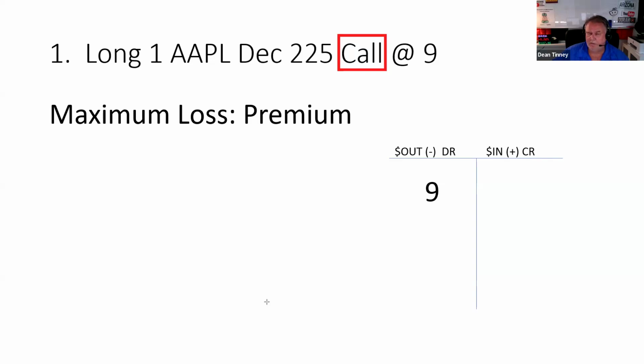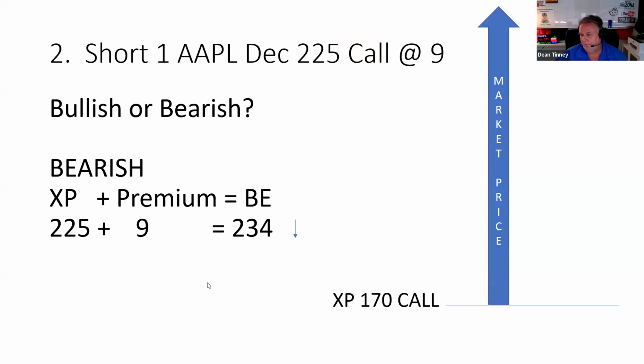Okay, Mark, let me put that on my quote machine here. I enter it. I say, Mark, right now, the premium for an Apple 225 call is 9. Are you a buyer or a seller of that option contract? Because every contract has two parties, a buyer and a what?